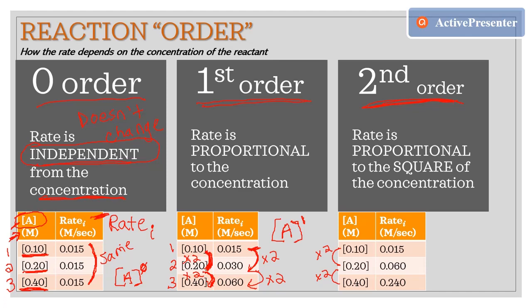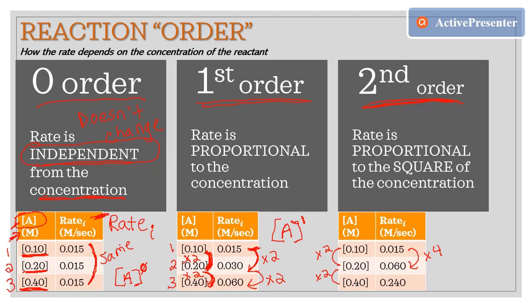The very first initial rate for 0.10 is 0.015. And as we doubled that concentration in the second experiment, this shot up to 0.060. So this did not double when we doubled the concentration. This quadrupled. It went up 4 times, not 2 times.